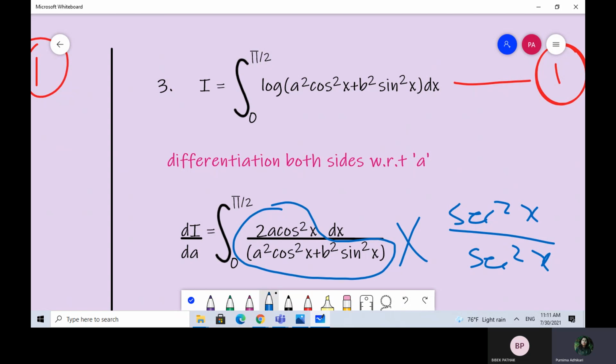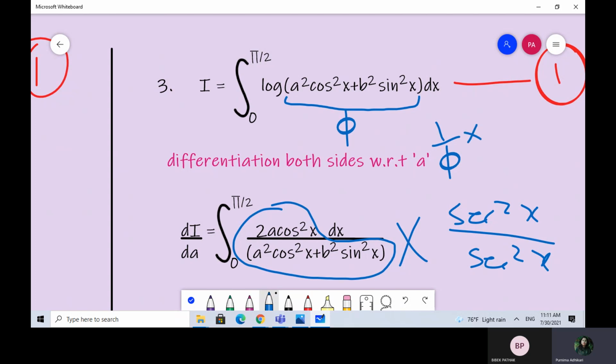Let me talk about this. Isn't this log of some function? When you differentiate this, what will happen? Step 1: one over that function comes in the denominator. Then you will apply the chain rule.